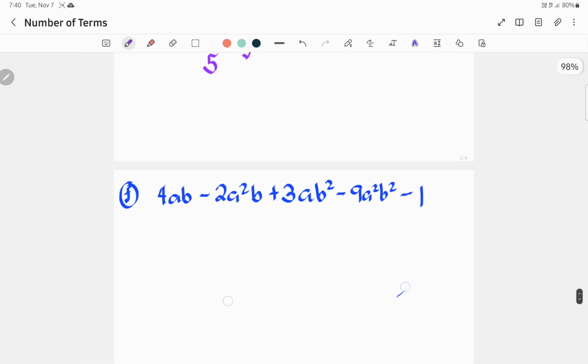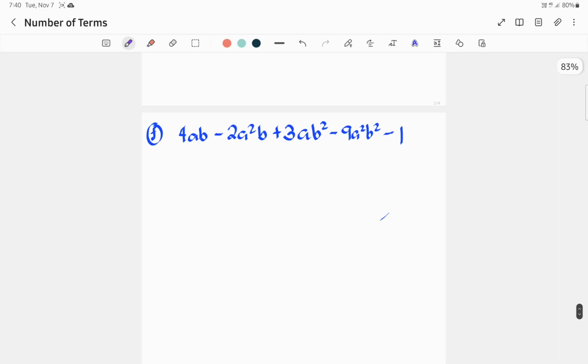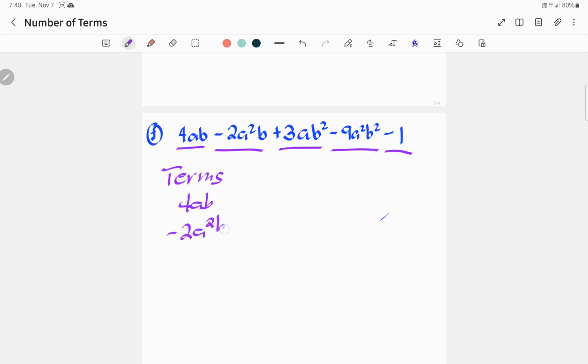And the last example we have here, I think this is more laborious. We have 4ab, negative 2a squared b, 3ab squared, negative 9a squared b squared, and negative 1.